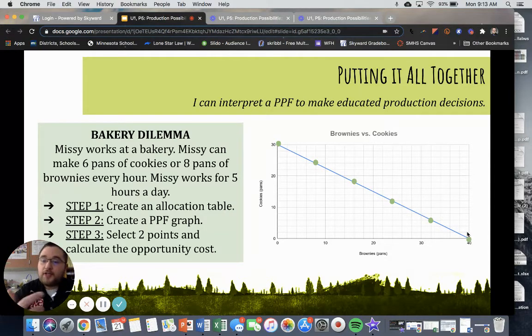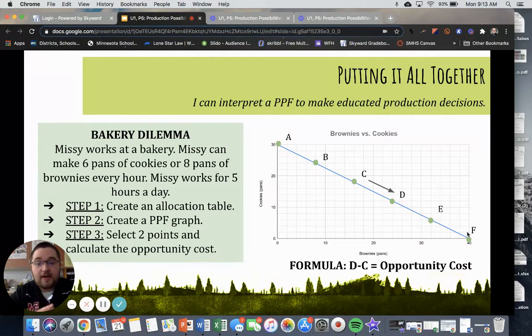And then once I've made my PPF graph, I'm going to select any 2 points and calculate the opportunity cost of moving along that curve. So I'm going to label them A through F just to keep it consistent. And I'm going to choose the opportunity cost of moving from C to D, just like we did in the last example. So again, our formula is D minus C equals our opportunity cost.